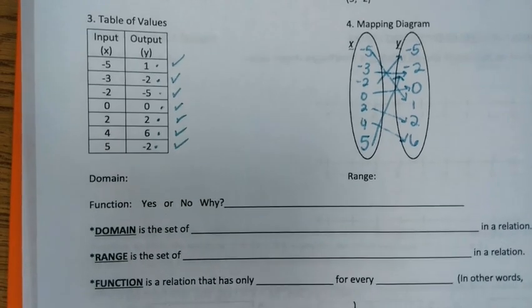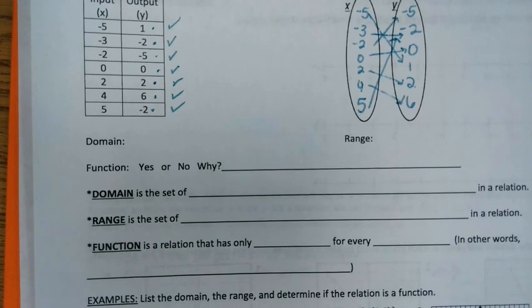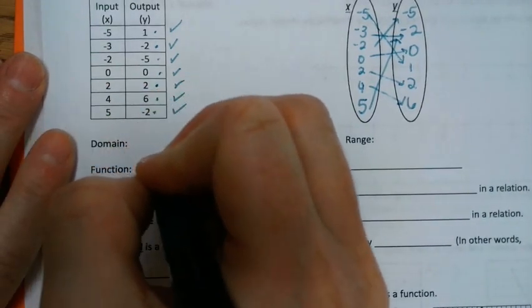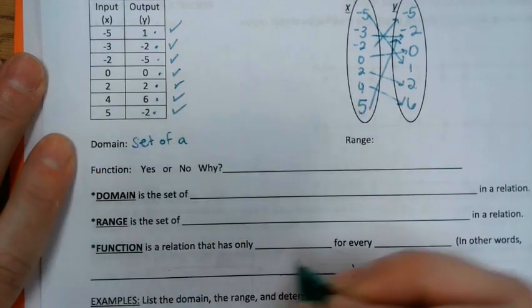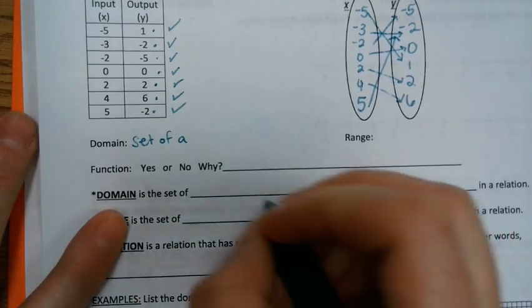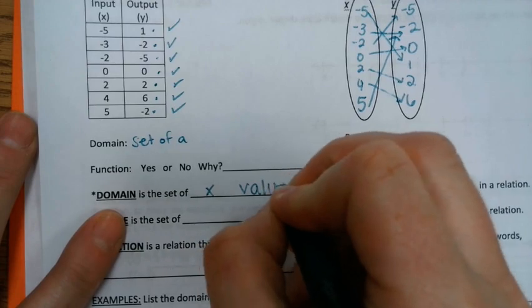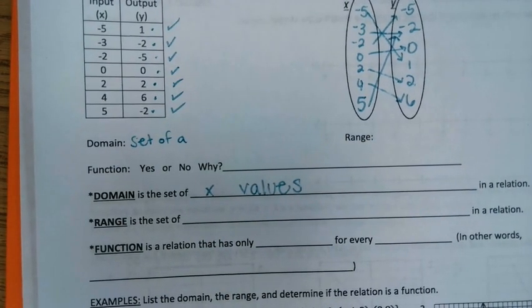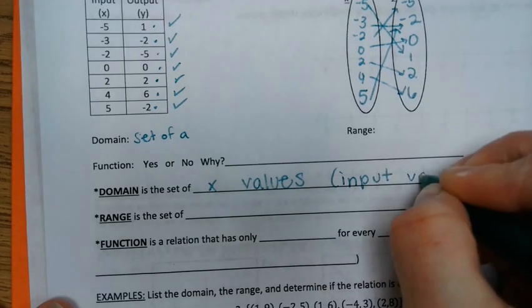So let's go ahead and talk about the next topic, which is domain and range. So domain, if you remember, is the set of all x values. Domain is the set of all x values, so those are your input values.